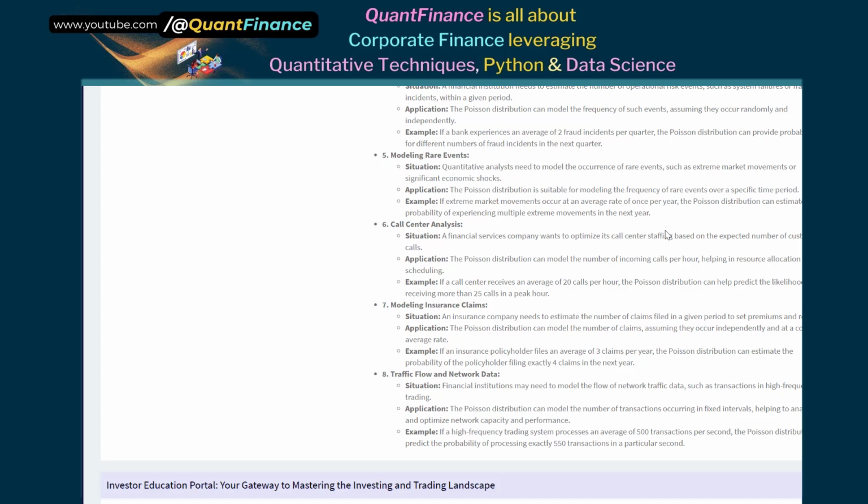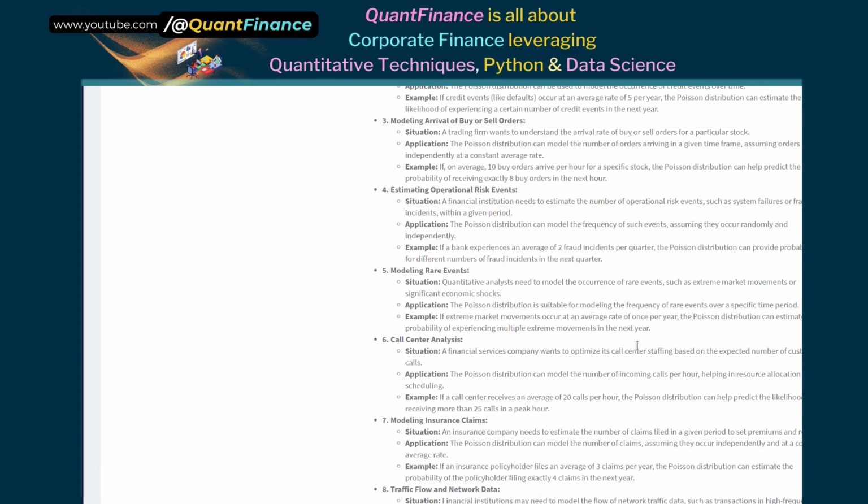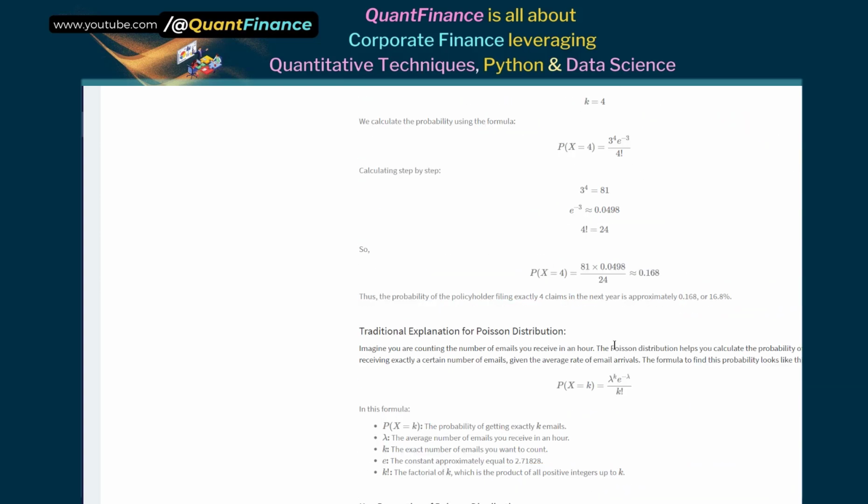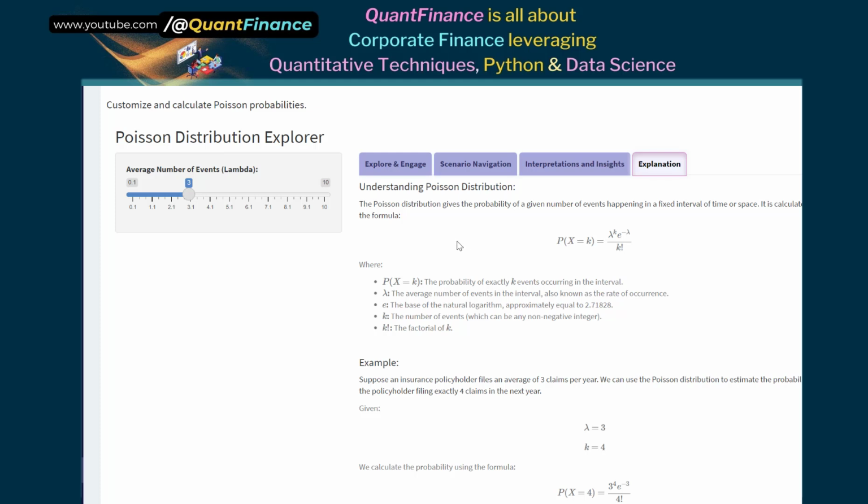Suppose in a high frequency trading software, 500 transactions per second can be processed. Then Poisson distribution can be used to predict the probability of exactly 550 transactions happening in the next particular second. So Poisson distribution has many applications in corporate finance and quantitative finance situations, and it is very important and good to have a hold of that.